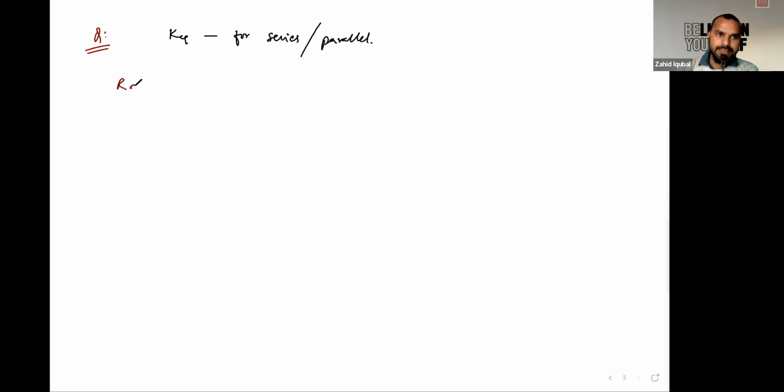In the last part, that is radiation, you'll be asked to define different laws and terms related to radiation, such as: what do you mean by emissive power?